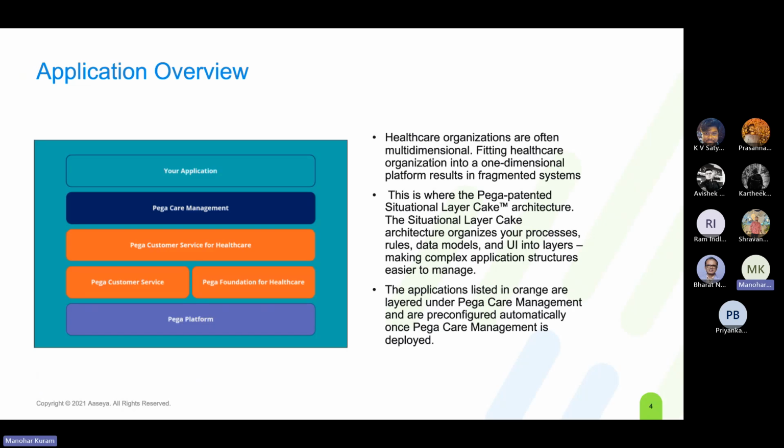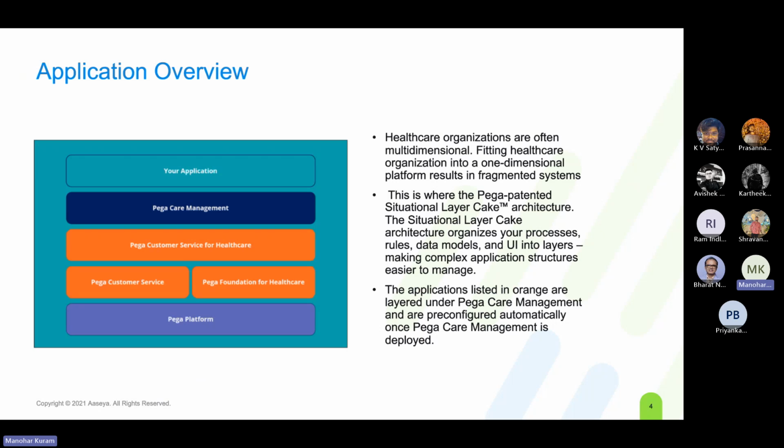This is the Pega situational layer cake architecture for prior authorization, which organizes process rules, data models, and UI into layers, making complex application structures easier to manage.